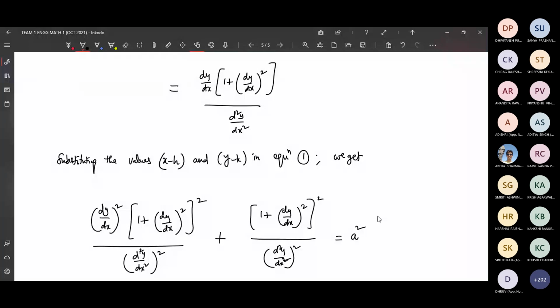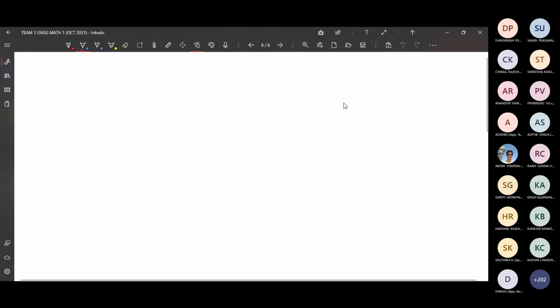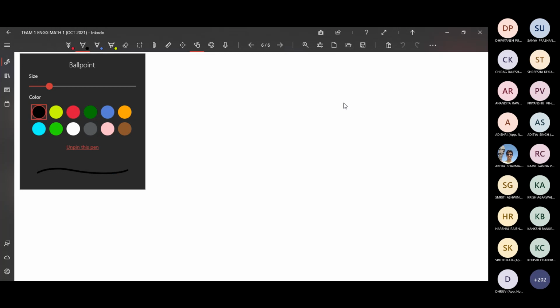Because in the denominator we have d square y by dx square whole square, you can take that to the right hand side, that LCM. And also in the numerator you can take the common term as 1 plus dy by dx whole square. So what is the common term here? You can take this term to the right hand side, and this is the common term in both. Therefore you can take that term common. So one more step to reach.